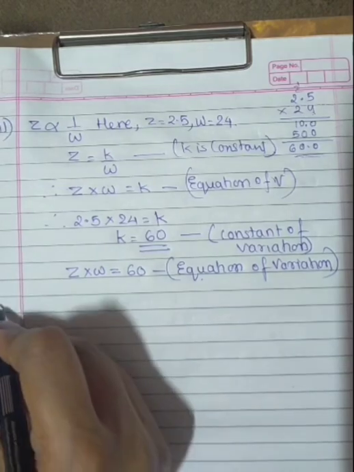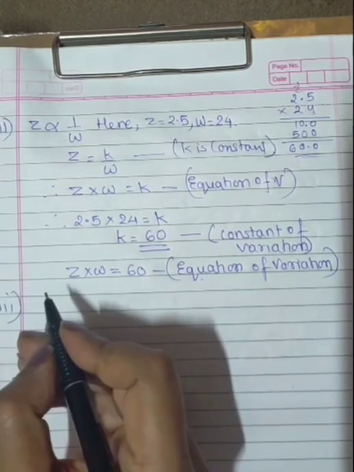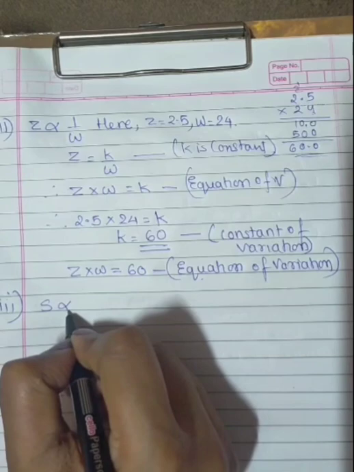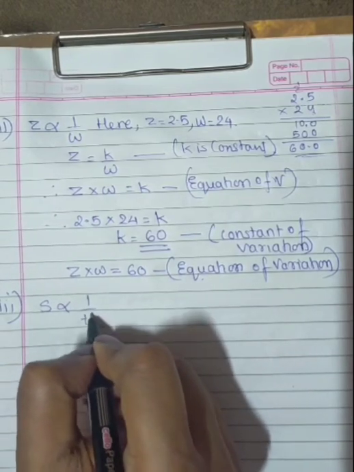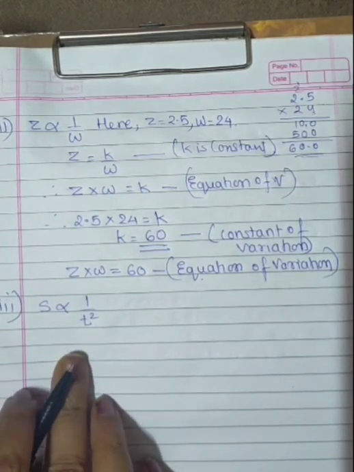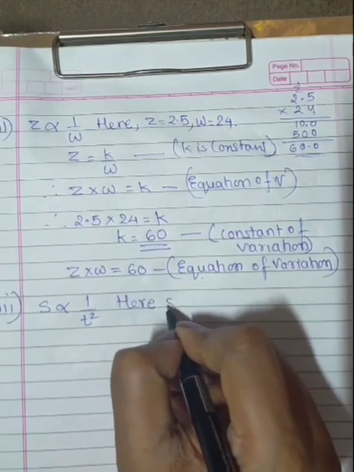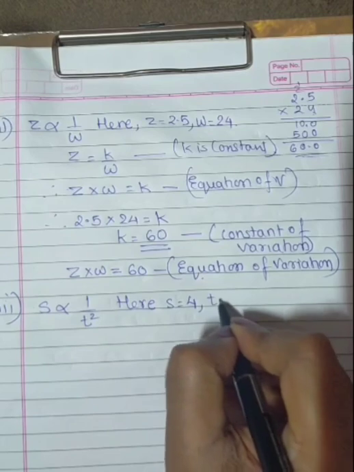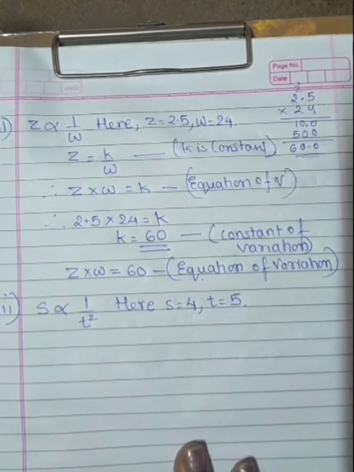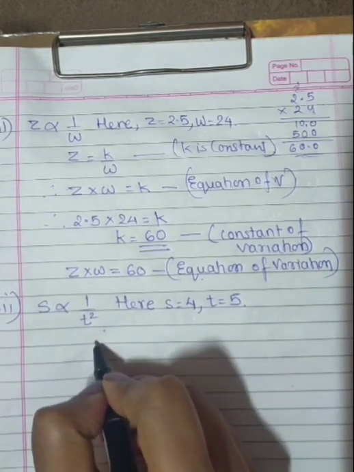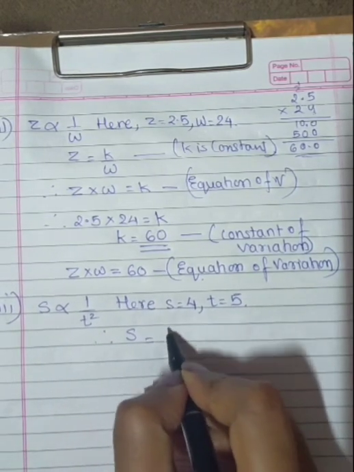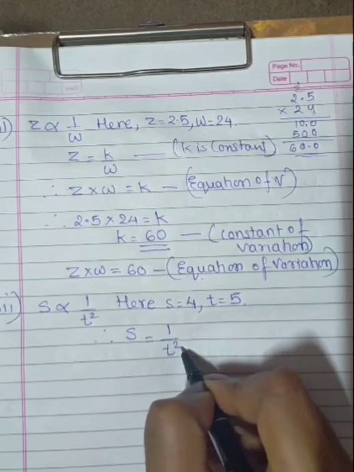Now the next question, the third one. S alpha 1 upon T square is given. So here S is equal to 4 and T is equal to 5. Okay, now here as you can see, therefore S equal to 1 upon T square is given.